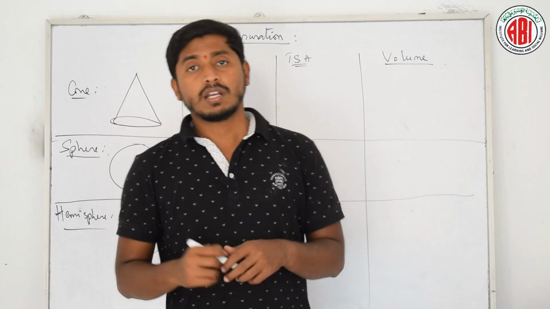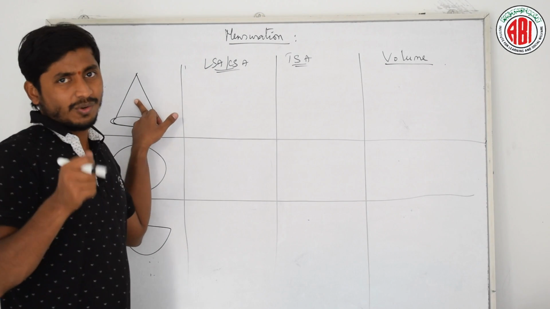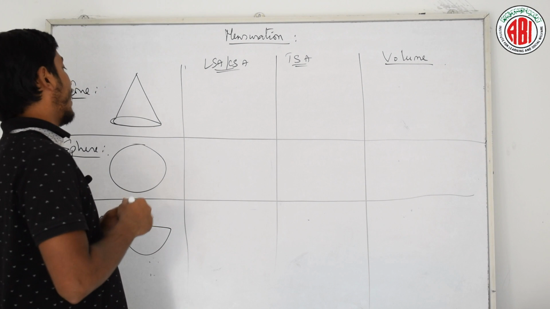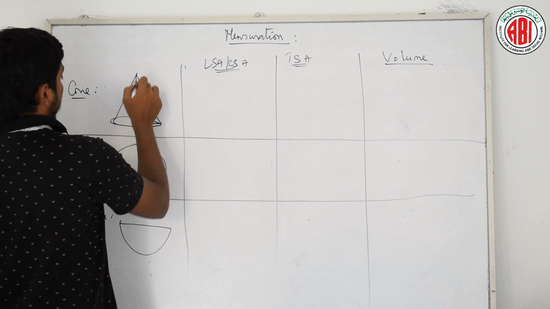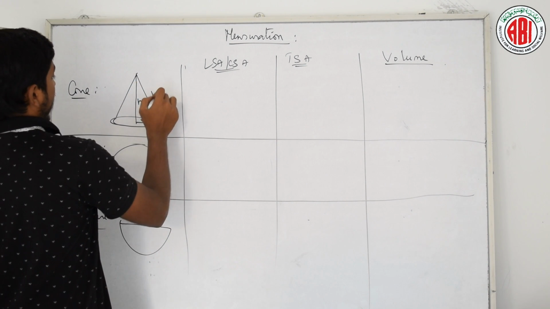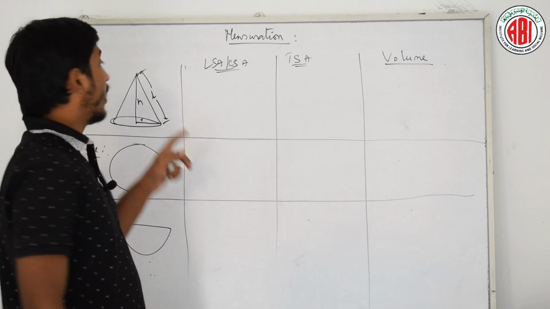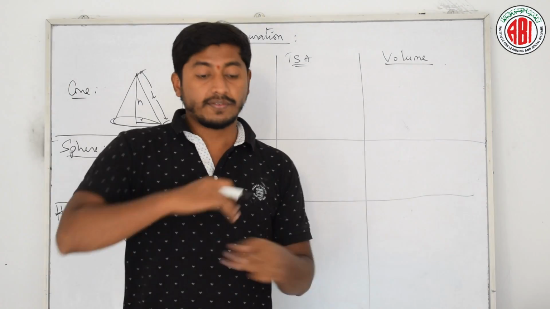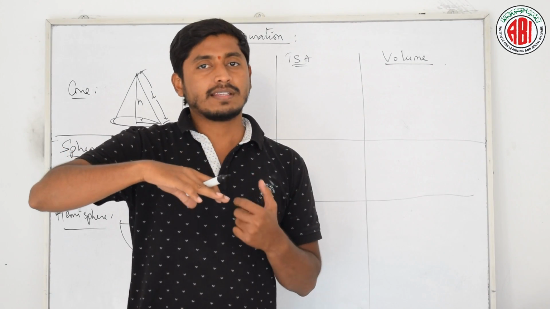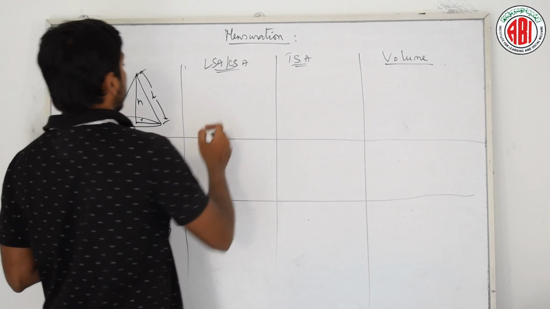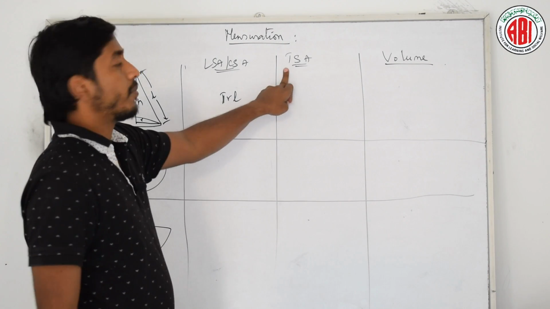Let's do. Now see here, the next shape we are going to learn is a cone. A cone is normally a conical shape, which will have different parameters such as radius r, height h, and slant height l. Is it clear? If I say LSA or CSA, the lateral surface area of a cone is pi r l. And what about TSA?